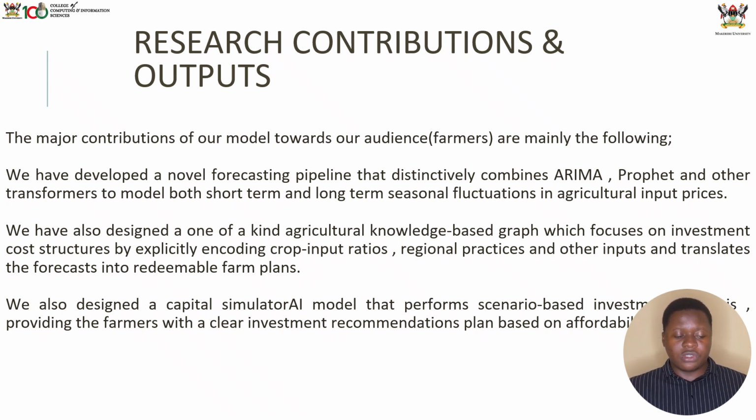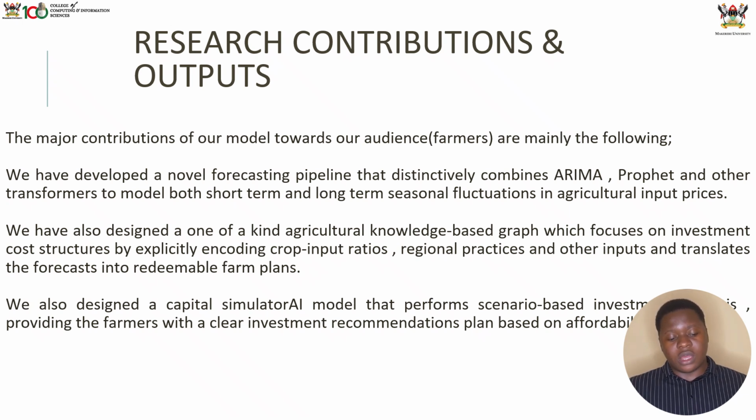So the contributions of our project so far, we have developed a novel forecasting pipeline that distinctively combines ARIMA, Prophet, and other transformers to model both short-term and long-term seasonal fluctuations in agricultural input prices.